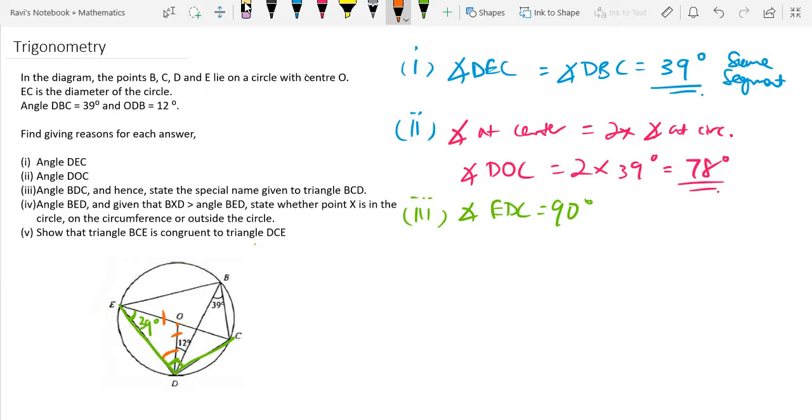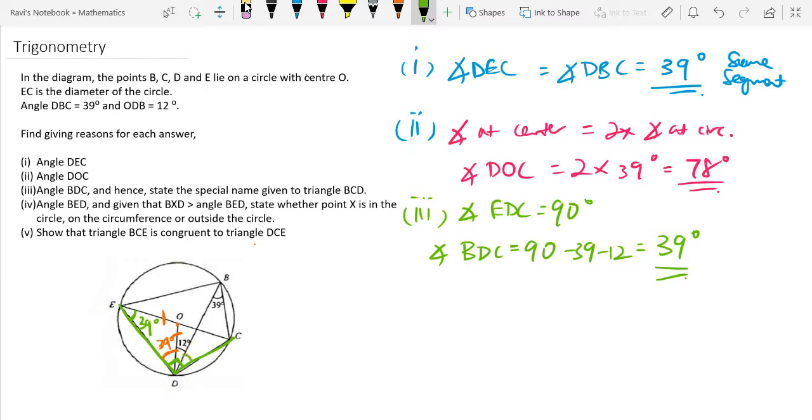Since both these sides are radius, they are equal, that makes this triangle OED an isosceles triangle. So this is 39 means this is also 39. So that solves our angle there. So ultimately, angle BDC is equal to 90 minus 39 minus 12, which is equal to 39 degrees.